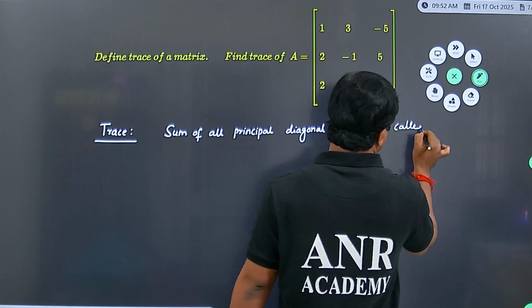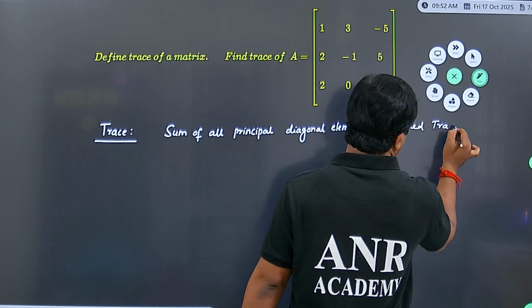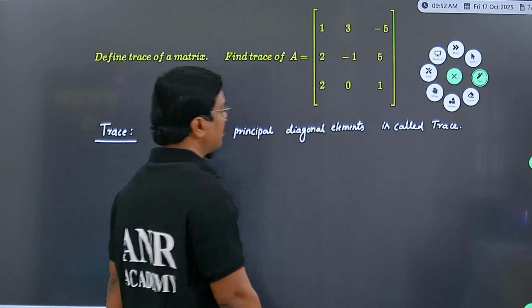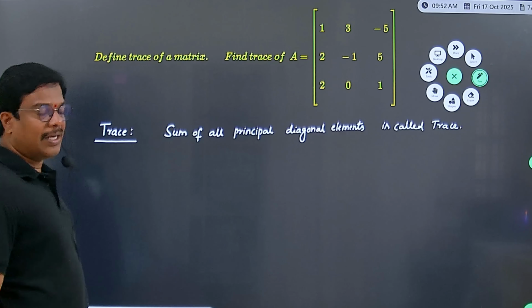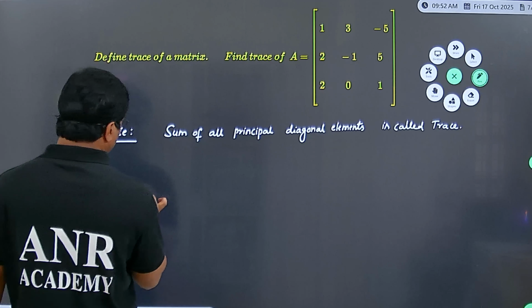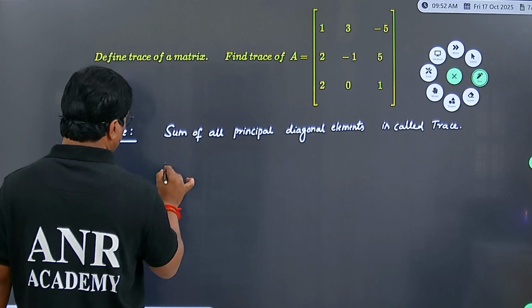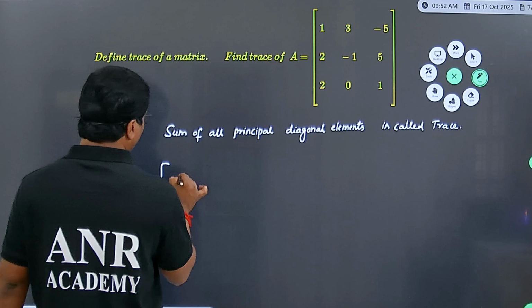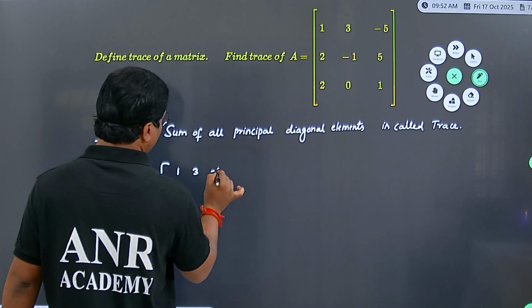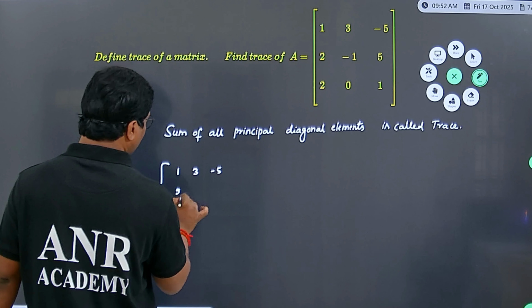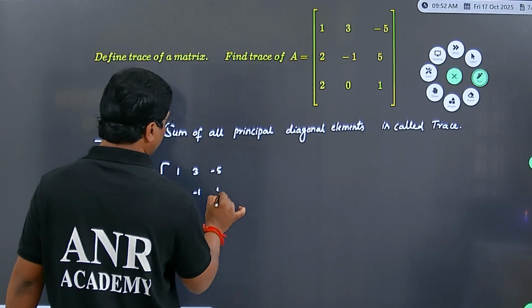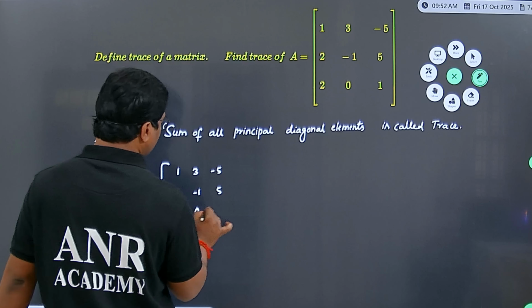It is known as the trace of a matrix. Now here matrix A is given by 1, 3, minus 5, 2, minus 1, 5, 2, 0, 1.